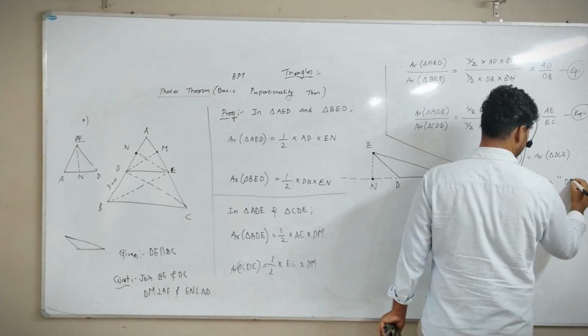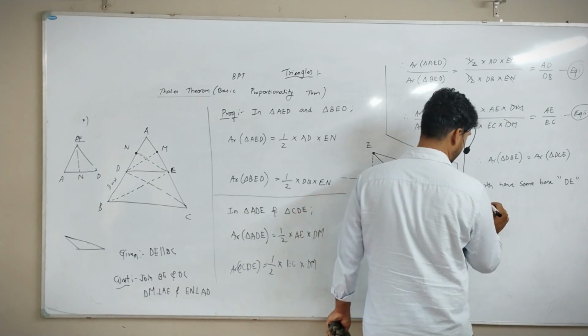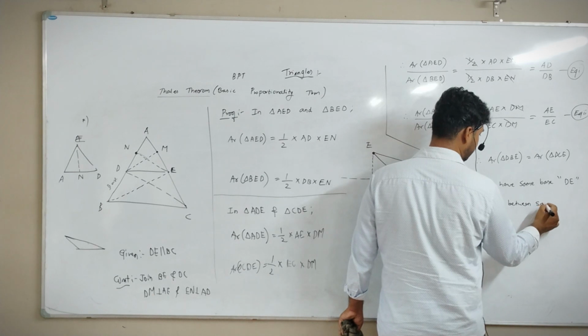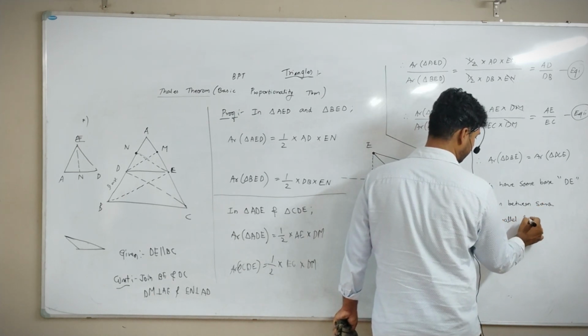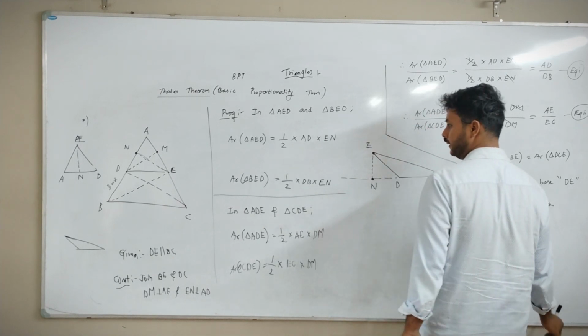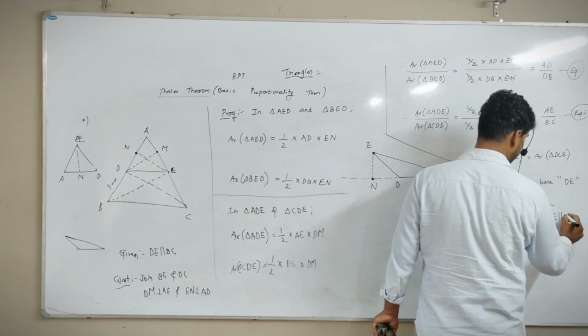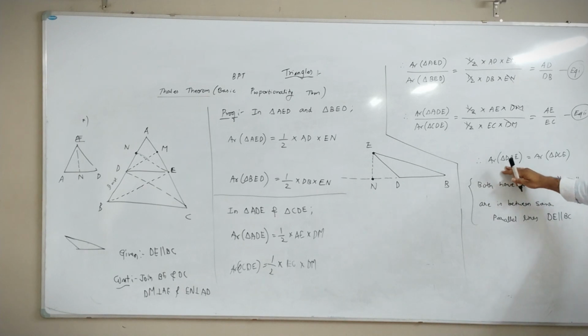DE. The same parallel lines are DE and BC, since DE is parallel to BC. So I can tell area of triangle DBE is equal to area of triangle DCE.